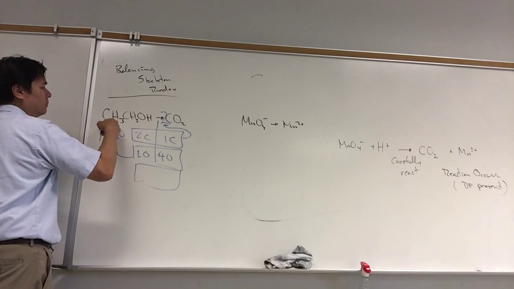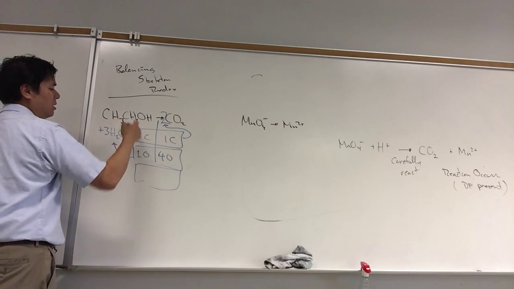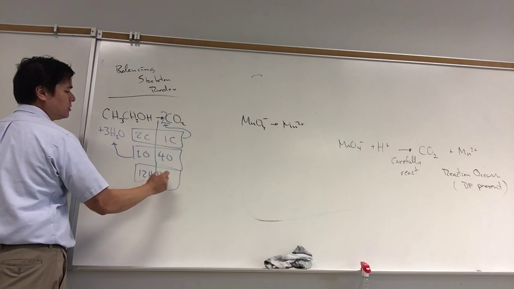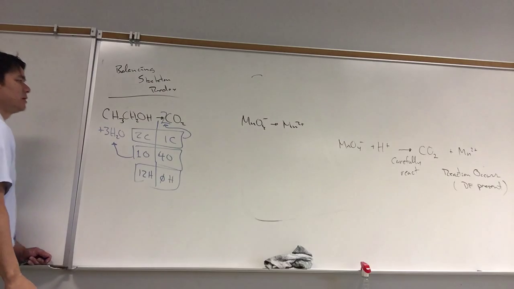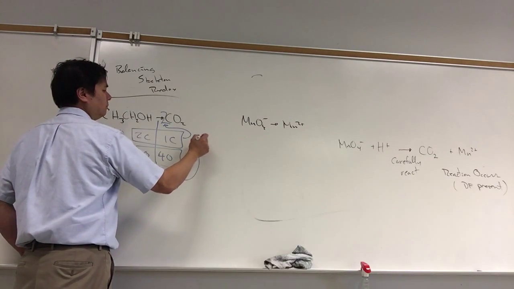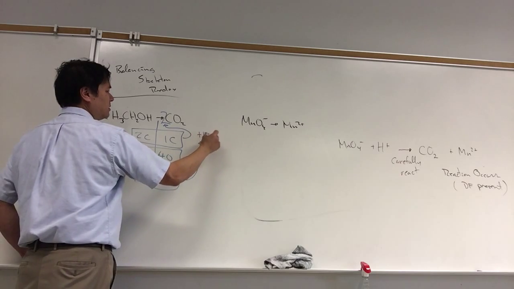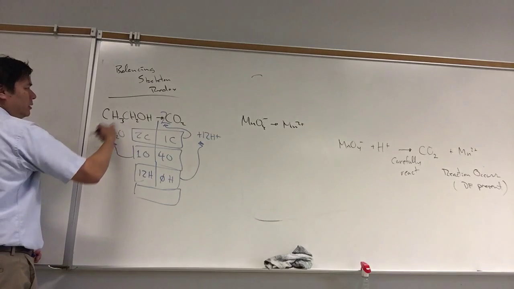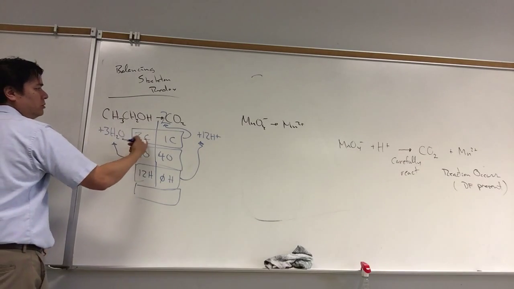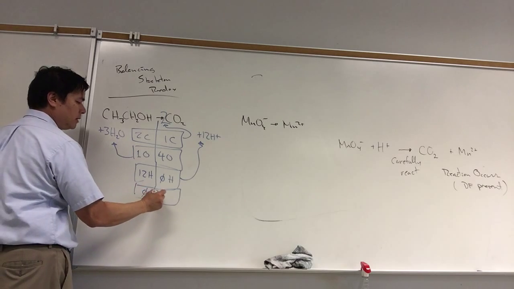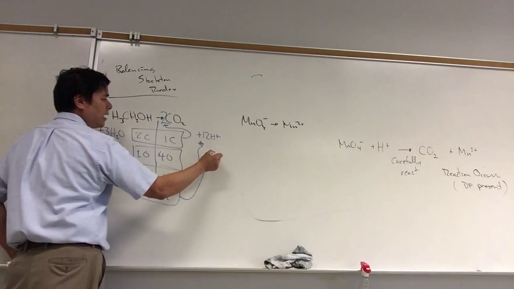Then I'm going to balance the hydrogens next. That's 6 plus 6, 12 hydrogens on the left, and 0 hydrogens on the right. How do I balance out the hydrogens? I add 12 H+, and then I balance the charge. Looking at the charge, this is neutral, neutral, and 12 plus. So we have 0 on the left and 12 plus on the right, and I balance it by adding electrons.